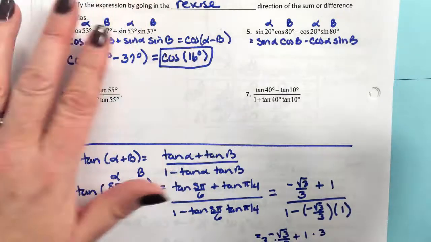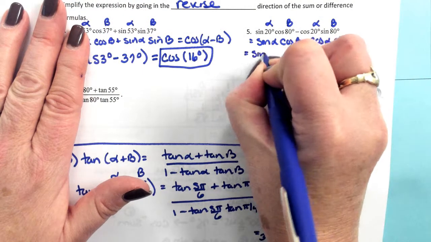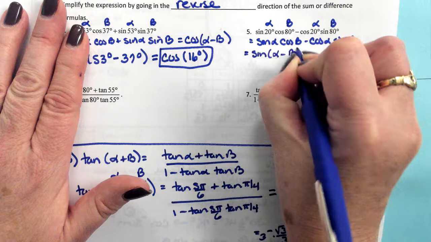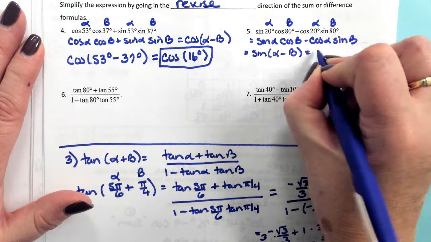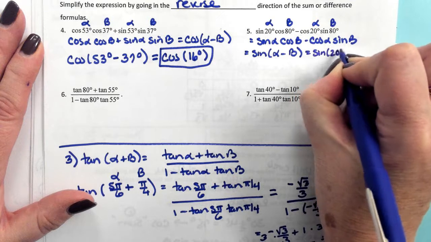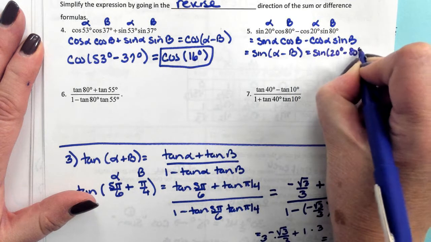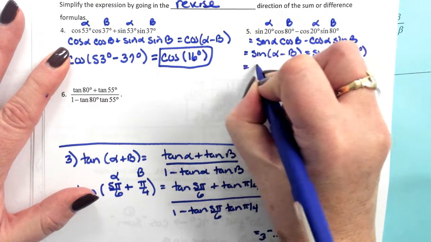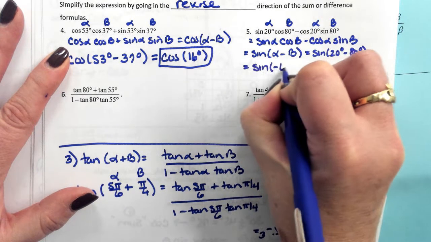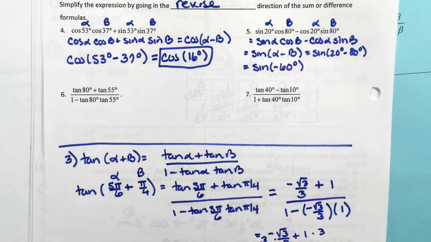So then this is equivalent to your sine of alpha minus beta. So then I can plug in 20 degrees for my alpha, 80 degrees for the beta. So then this is equivalent to the sine of negative 60 degrees.